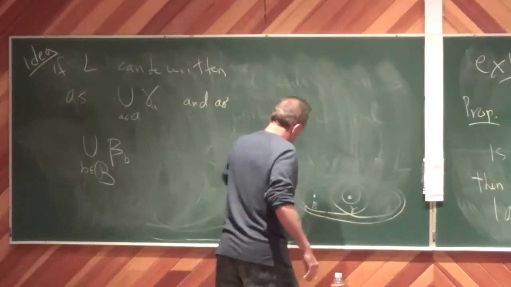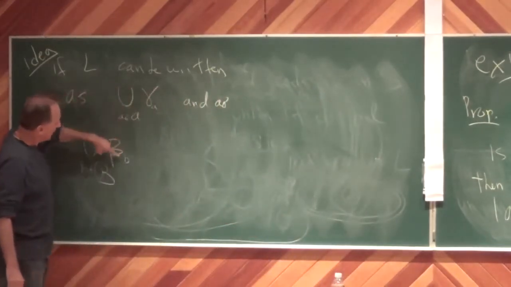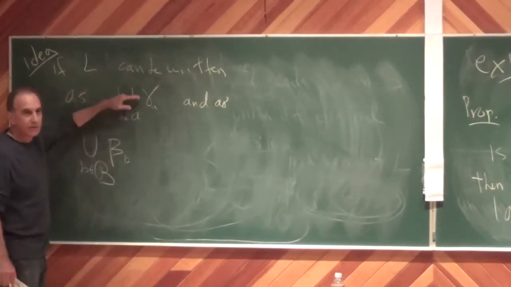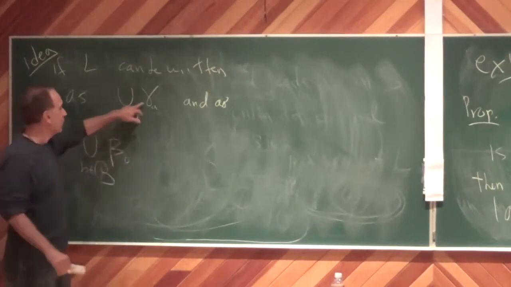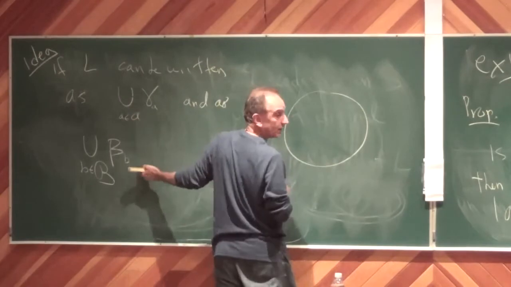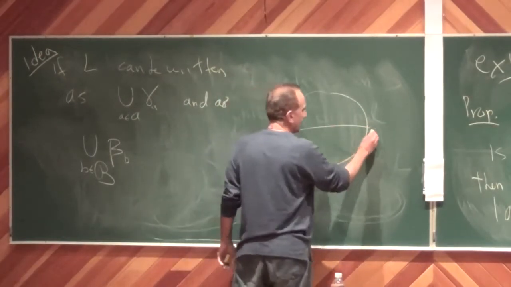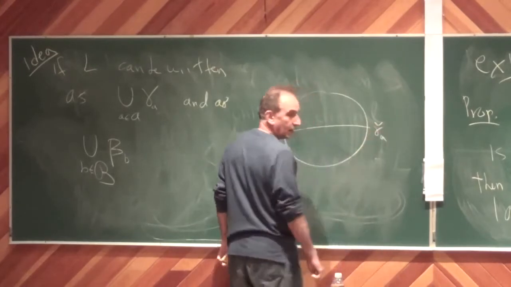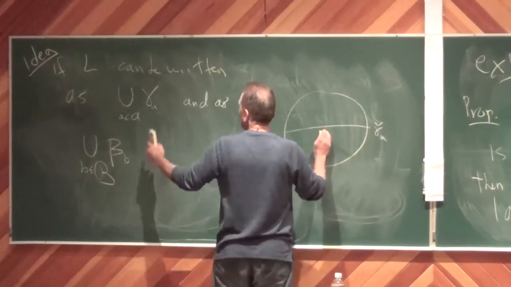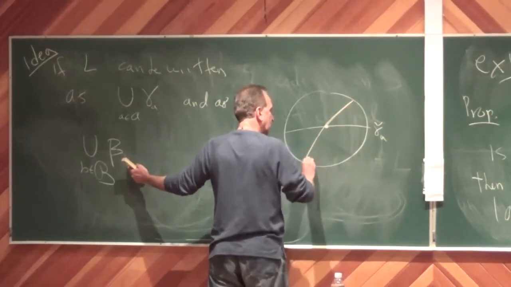But then, if the laminations are different, then one of the leaves has to be different from one of the leaves here. So what you'd see is a lift up in the hyperbolic plane. This is taking place in the surface. You'd see a lift on the hyperbolic plane of maybe one of these gammas. And then you'd see a lift of one of these betas that crosses it transversely.